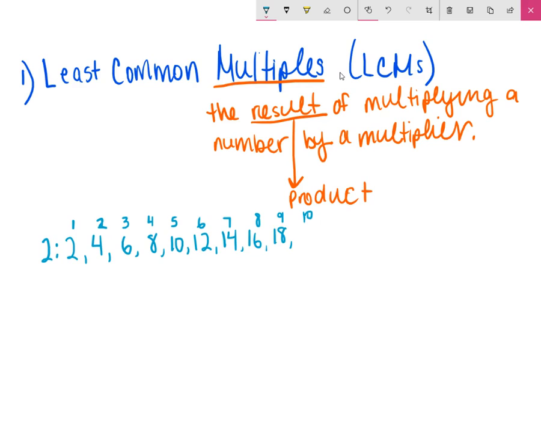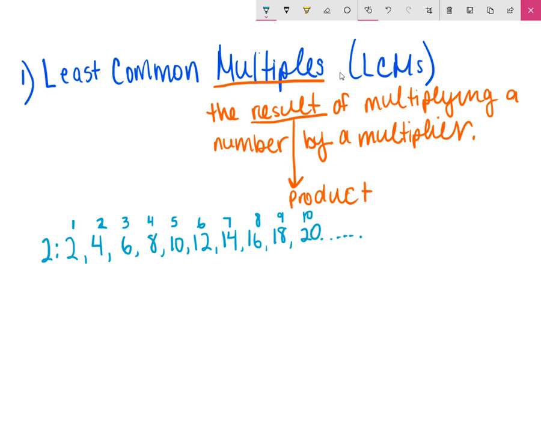And then 10. 10 times 2 is 20. So we can stop there, but as you see, this list will go on forever, as long as we keep adding numbers that we can multiply to 2. So all of these numbers in this list are multiples of 2, and that's how we found multiples of 2.